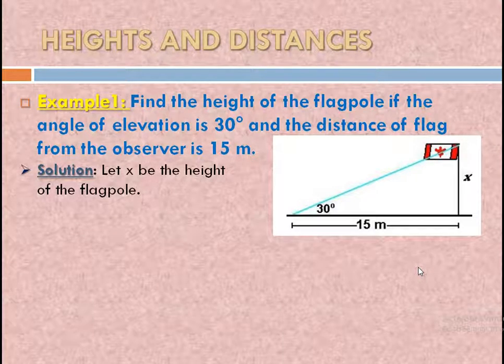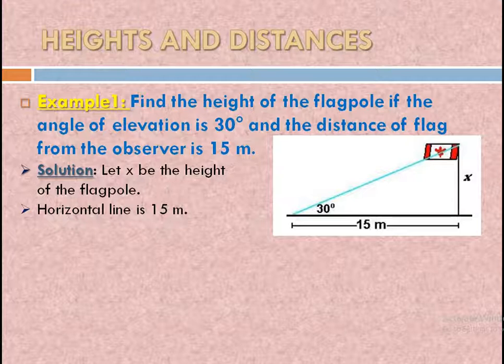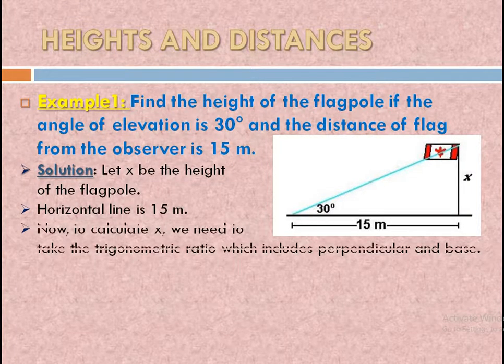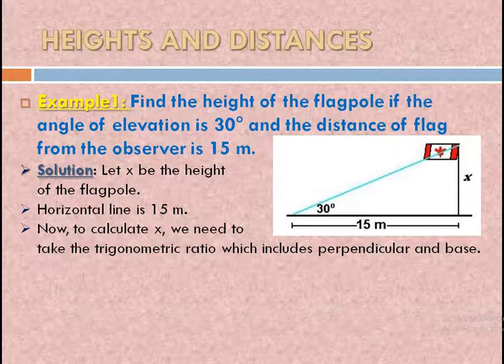Let x be the height of the flagpole. You can see in the figure the horizontal line is 15 meters. Now to calculate x, we need to take the trigonometric ratio which includes perpendicular and base.